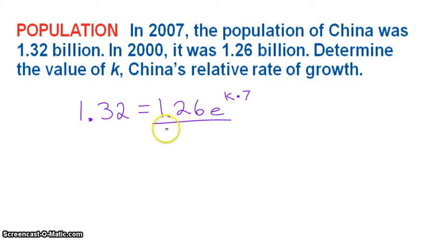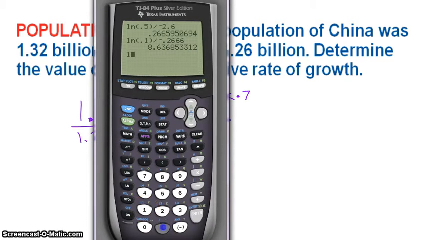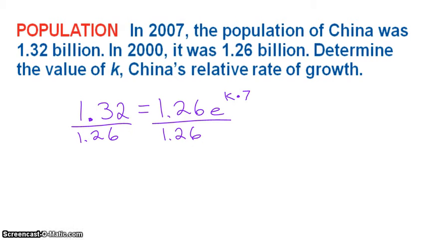So we can isolate our e by dividing both sides by 1.26. 1.32 divided by 1.26. I'll actually, for rounding purposes, leave that the way it is in my calculator for later use.